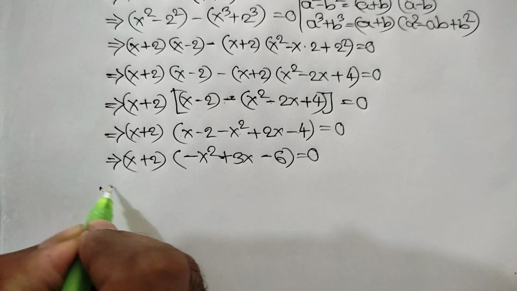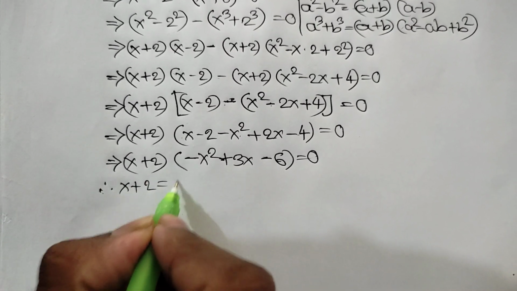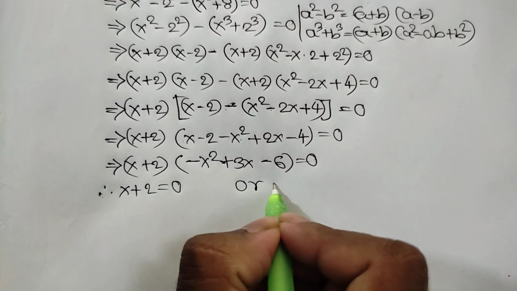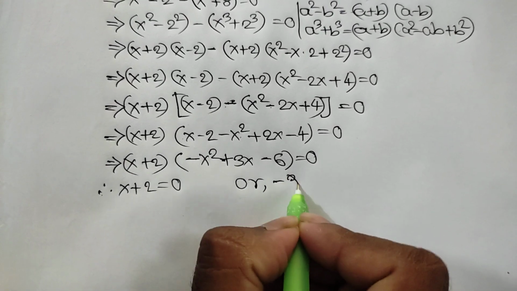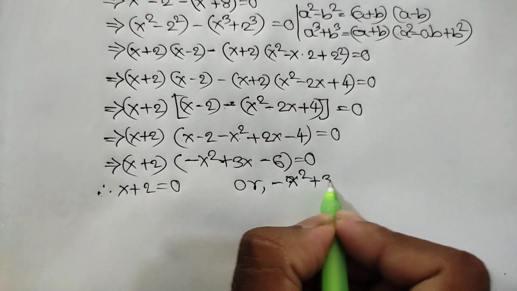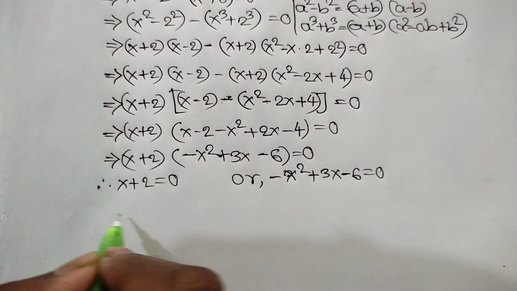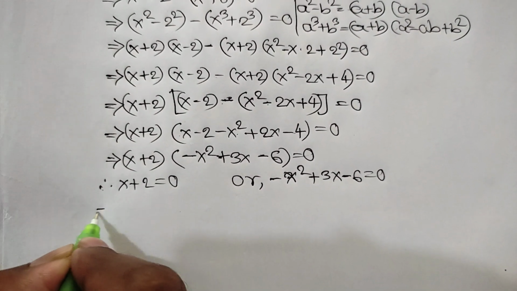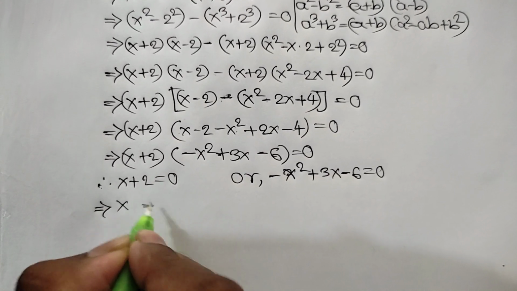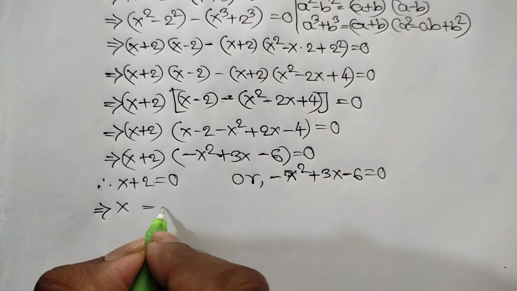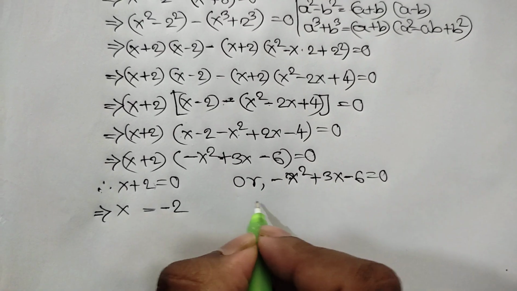So x plus 2 is equal to 0, or minus x square plus 3x minus 6 is equal to 0. Or x is equal to, these two getting to right side, we will get negative 2.